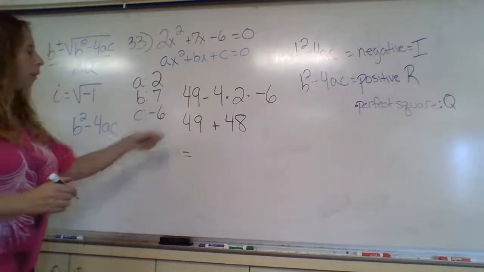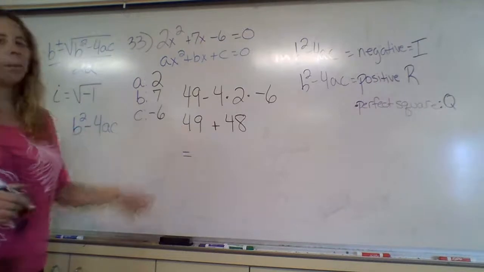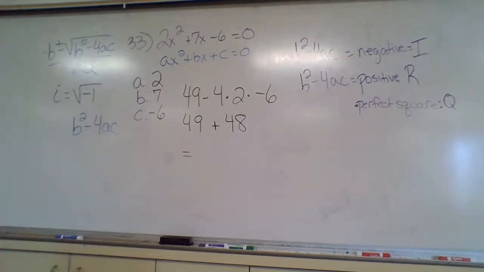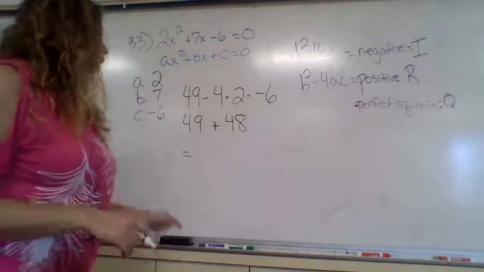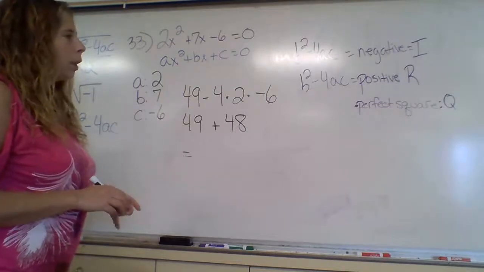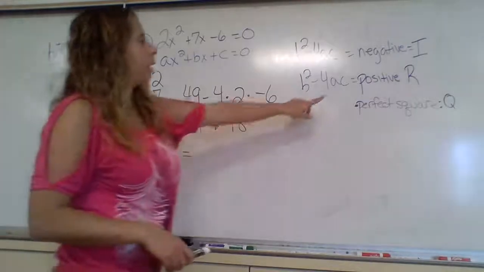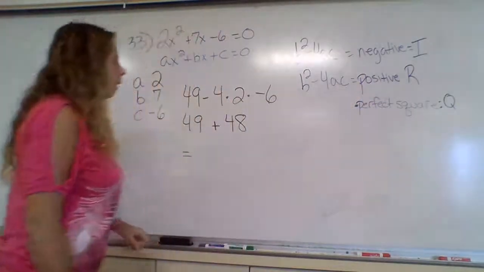So, you know it's going to be a positive number, right? 49 plus 48 is going to be a positive number, so you already know that you're going to have real roots, because your discriminant is positive.